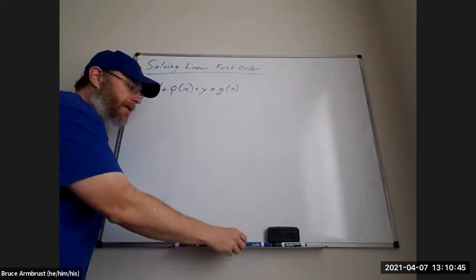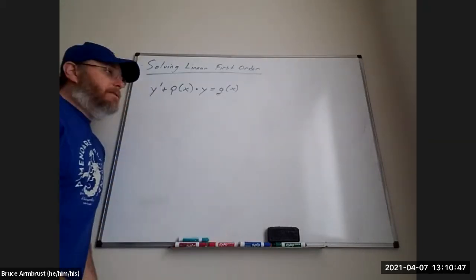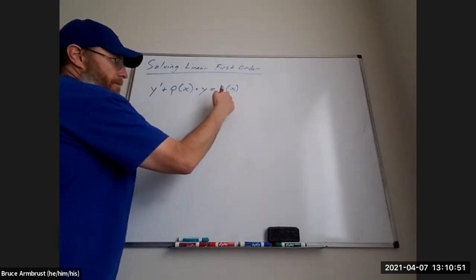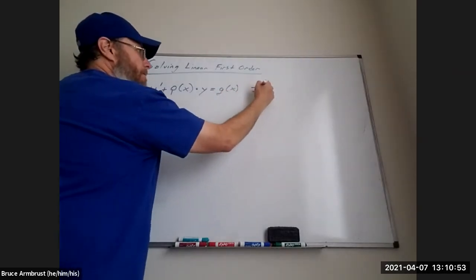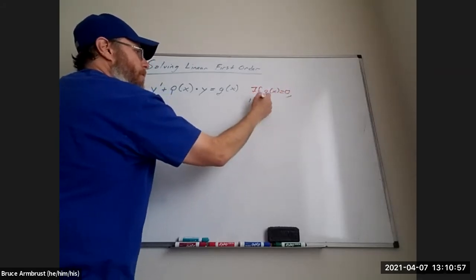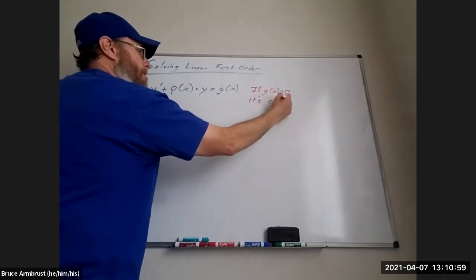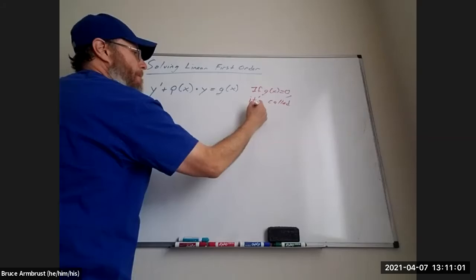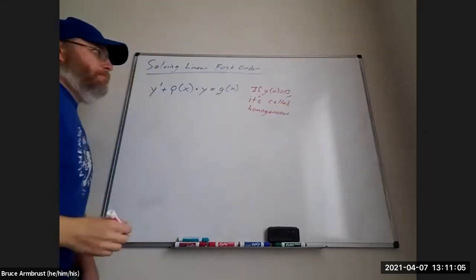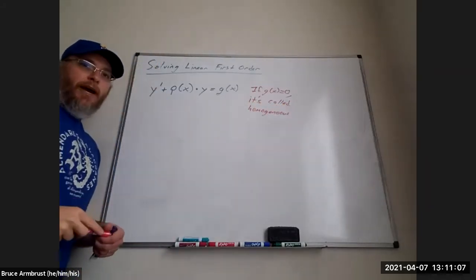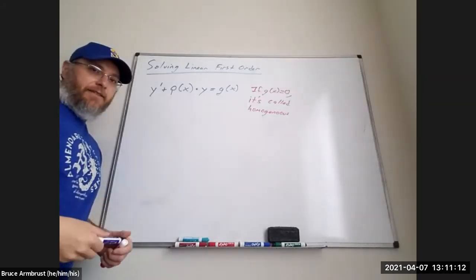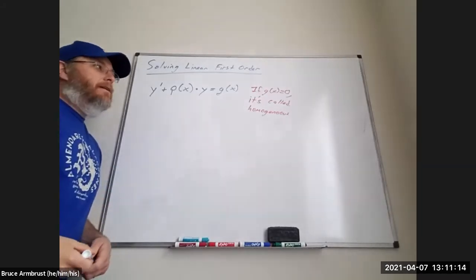All right, now some more terminology. This is going to matter. If g of x equals 0, if this guy is 0, it's called homogeneous. So I'm sure you've heard that term somewhere else along the line because it's a term that we use a lot.